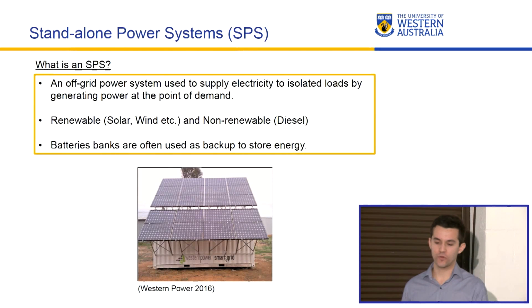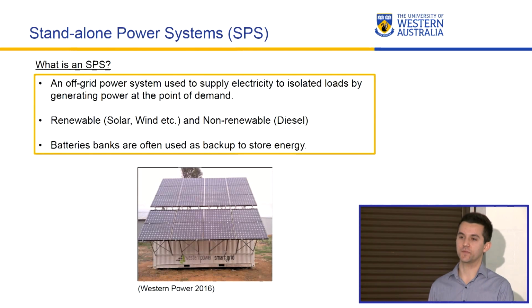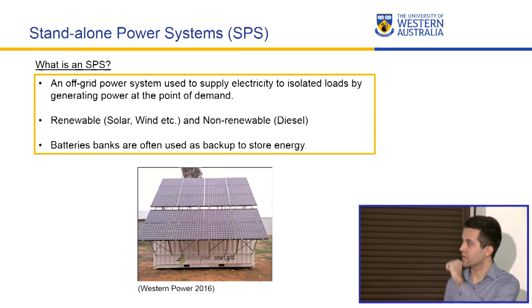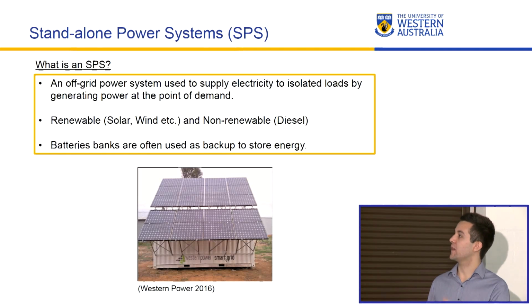So just to provide a brief background into standalone power systems before we get into the actual applications. A standalone power system is an off-grid power supply which supplies power to the customer at the point of demand, as opposed to from a centralized source.